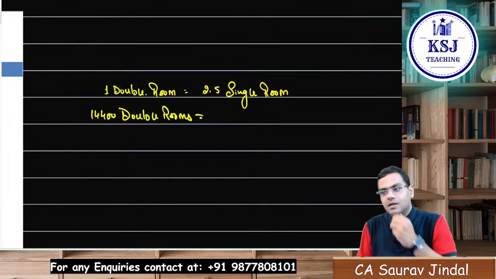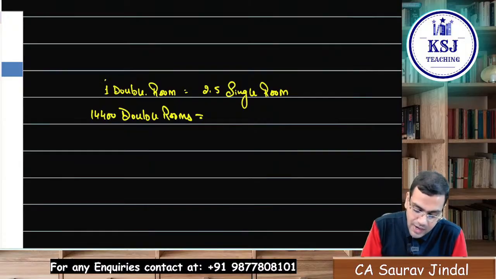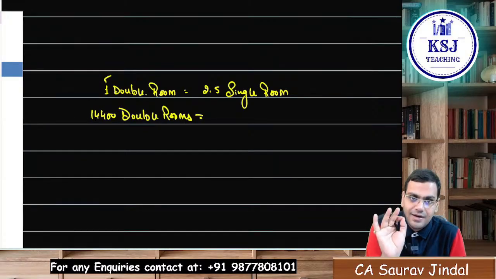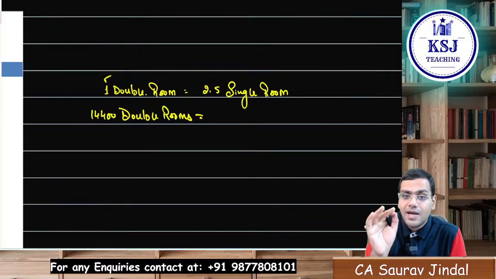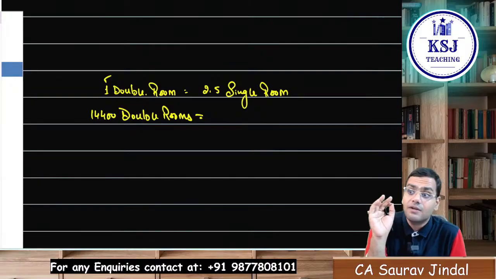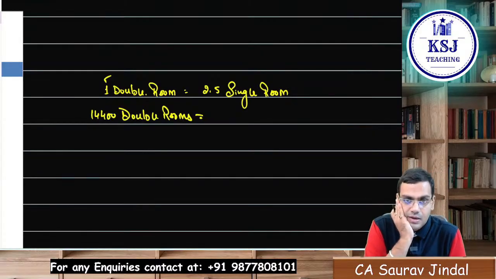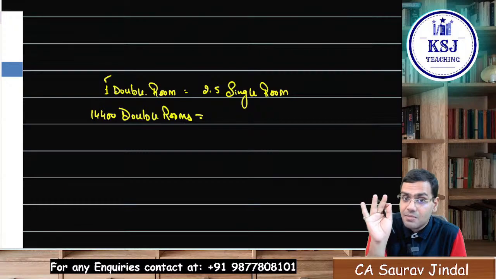What does it mean? It means that the rent that I am earning from one double room, the same rent if I want to earn from the single room, I will need 2.5 rooms, right? I will need 2.5 rooms to earn the same amount of rent from the single room.